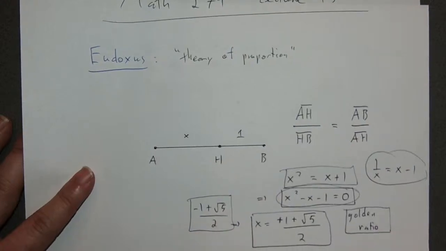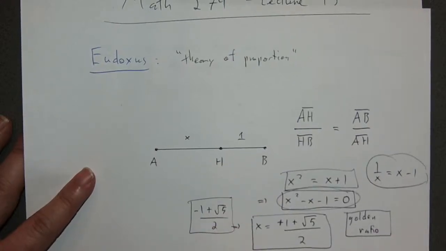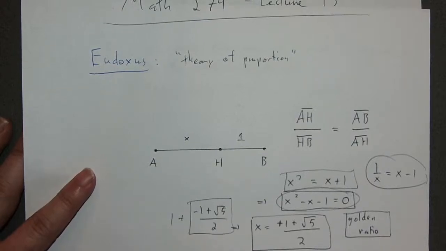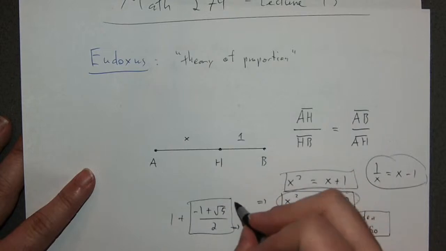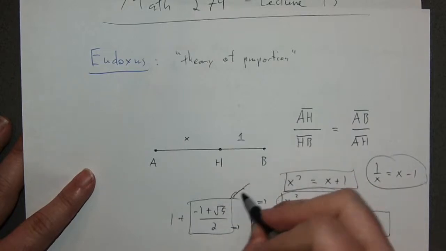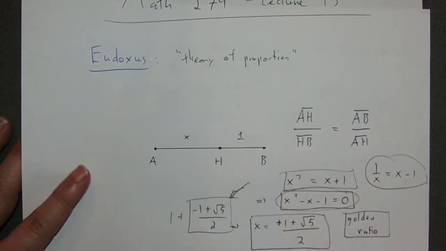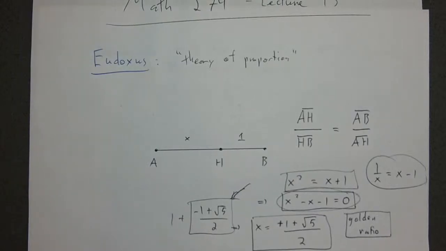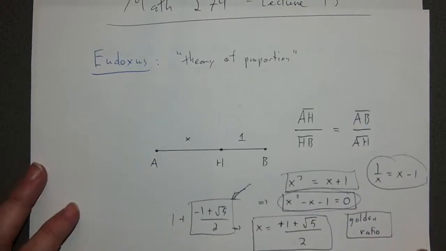So the difference between these is actually just a 1. So think about that for a second, what happens when you add 1 to this. So anyway, and actually it's this quantity, not this one. It's this quantity, I think, that shows up as the ratio of that cross section of a regular dodecahedron. Yeah.